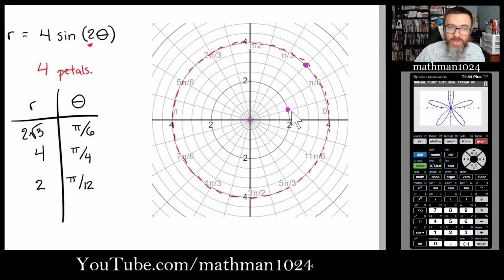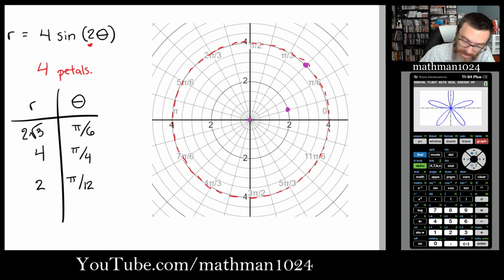Now, the more you mess with this, the more you're going to see that there is going to be some symmetry. There's going to be a ton of symmetry here, but first and foremost, we have symmetry about the pole. I think we did an example of that earlier.